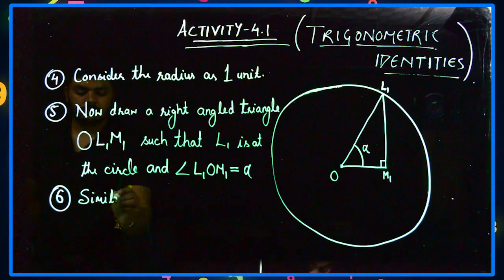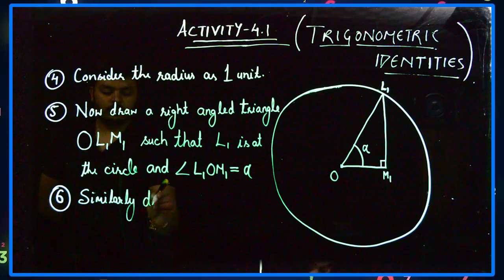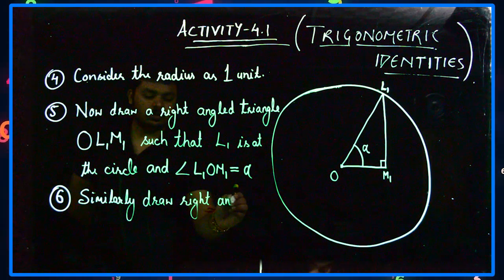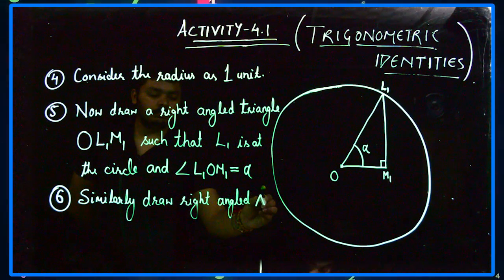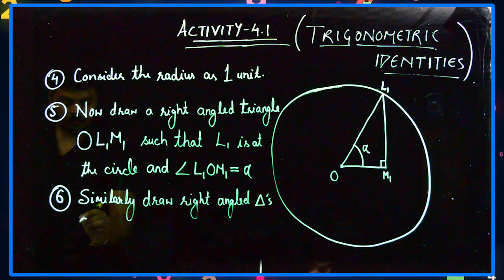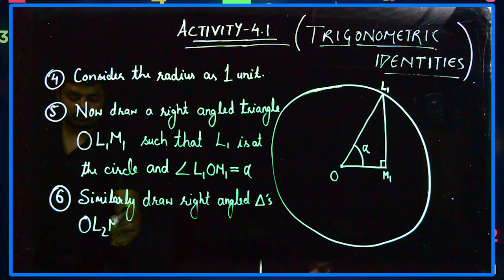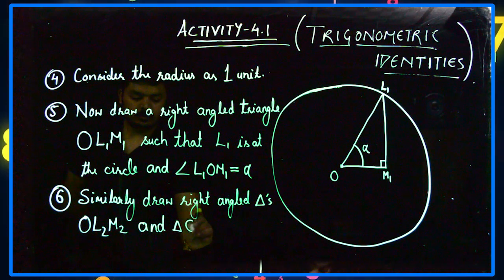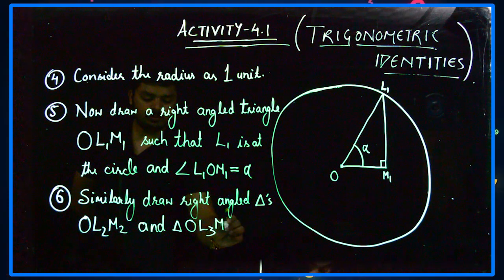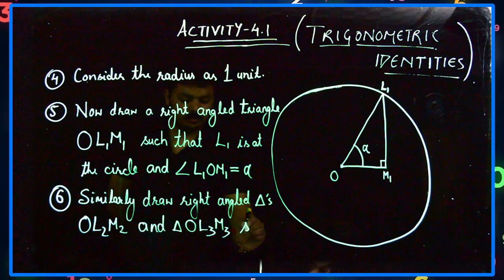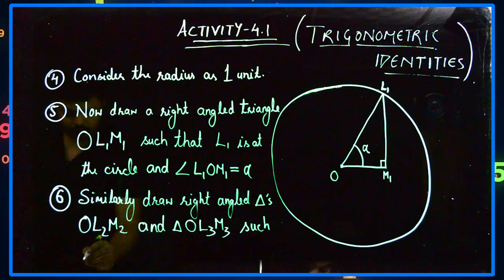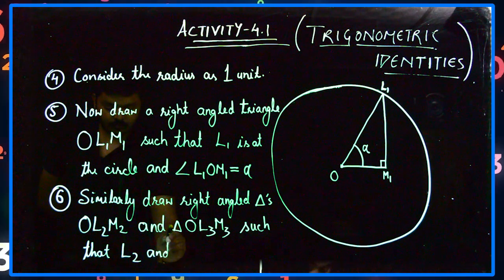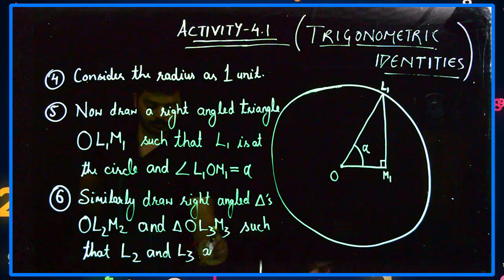Now step 6: Similarly, draw right angle triangles O L2 M2 and triangle O L3 M3 such that L2 and L3 are at the circle.